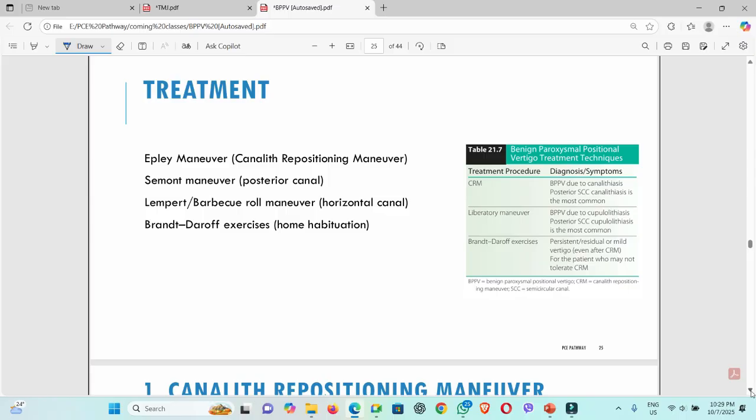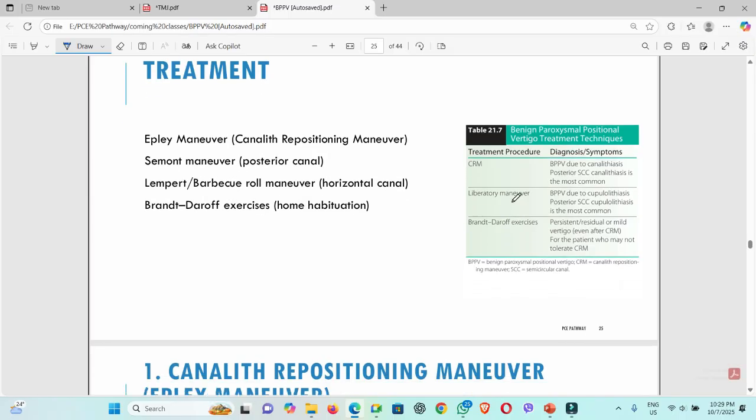So now we have diagnosed with these tests. Now, what is the treatment? Treatment is Epley's maneuver, that is also known as canalith repositioning maneuver, CRM.